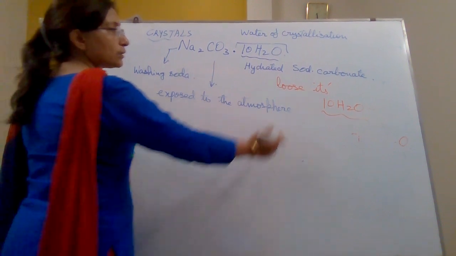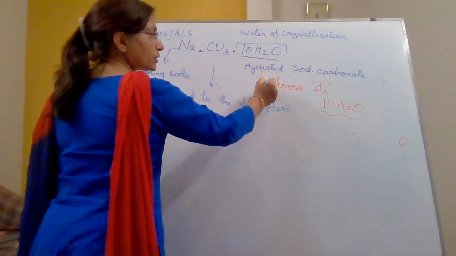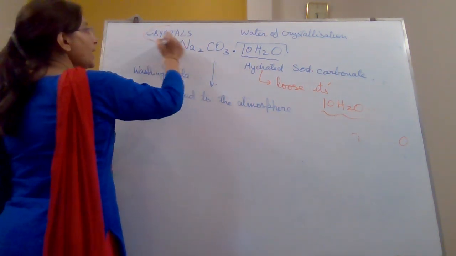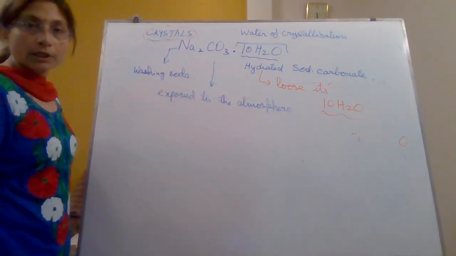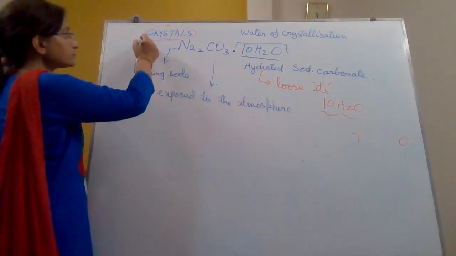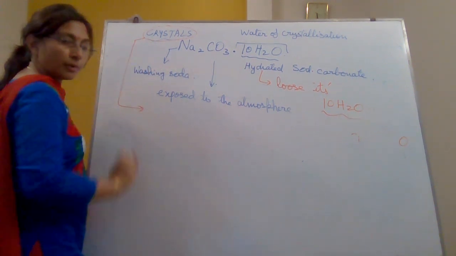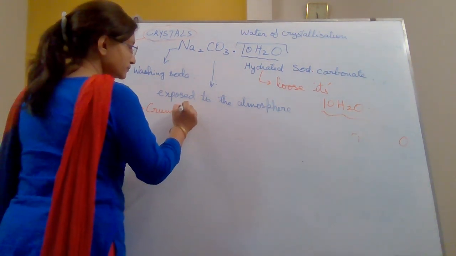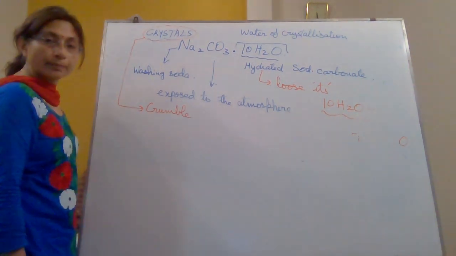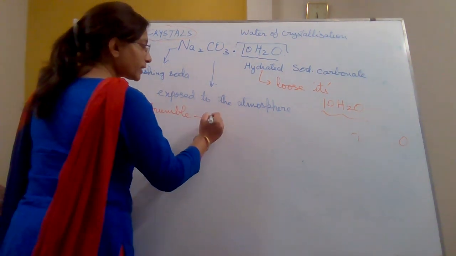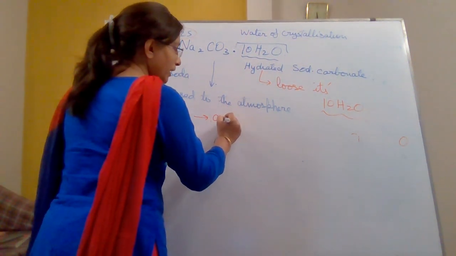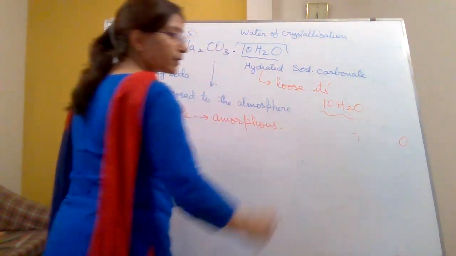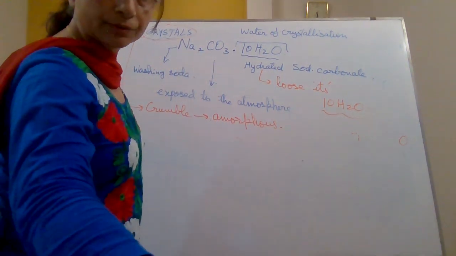And once the water of crystallization is lost, what will happen to this crystal shape? The crystal shape will get crumbled. It will then be crumbled and will become amorphous in nature.